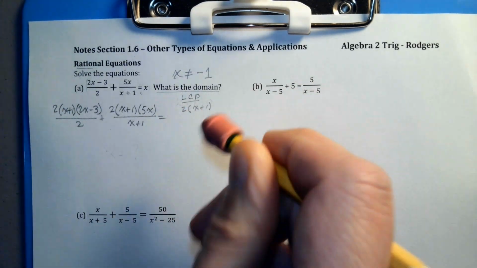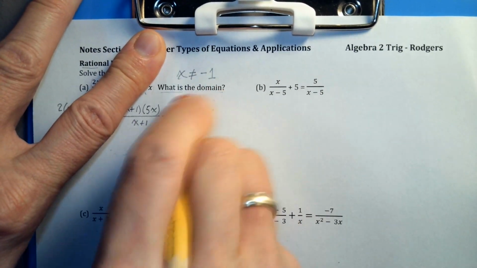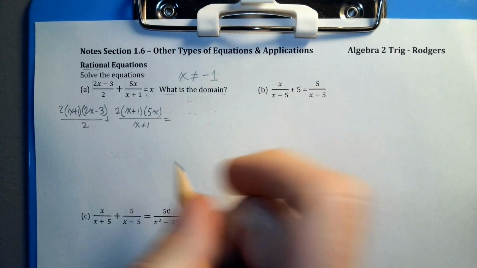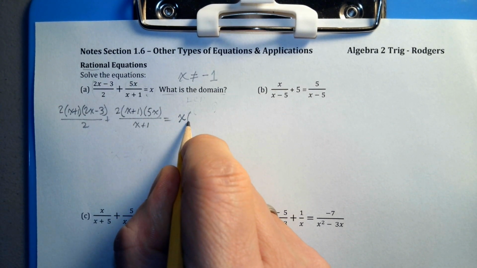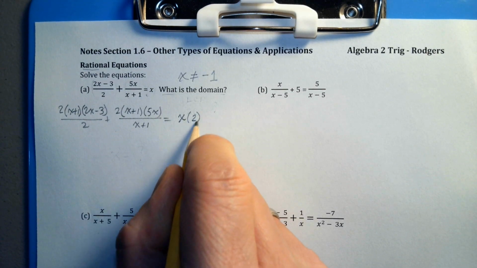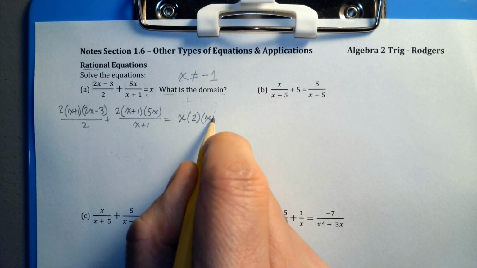And then I'm going to multiply this last part on the right-hand side also by the same thing, 2 times x plus 1.